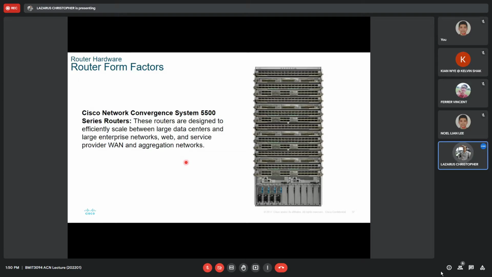Aggregation networks mean a lot of networks congregate here, or are aggregated, and reach these routers. So these routers look like a switch, with a lot of ports. But these ports are not for hosts. These ports are for other routers and other multi-layer switches, or even switches, right? So these have to be very high performance.